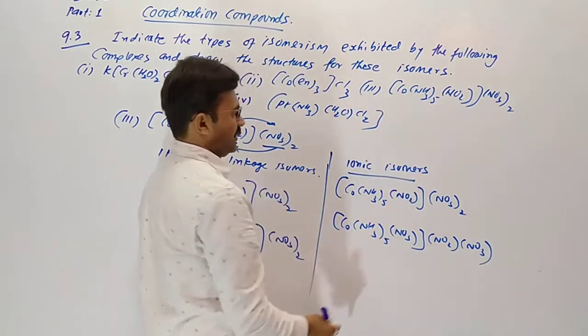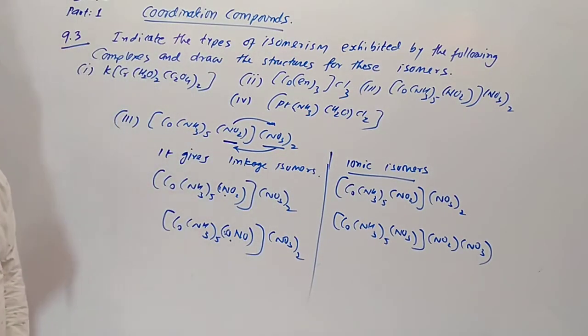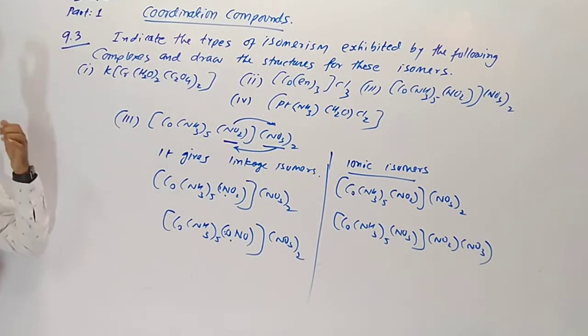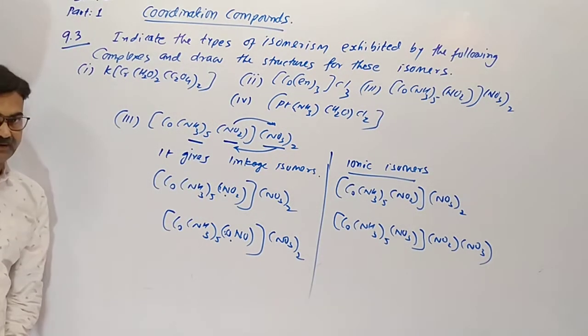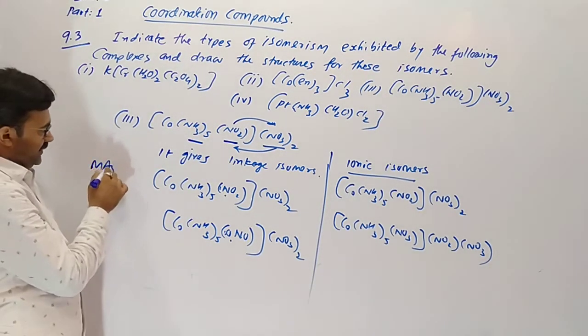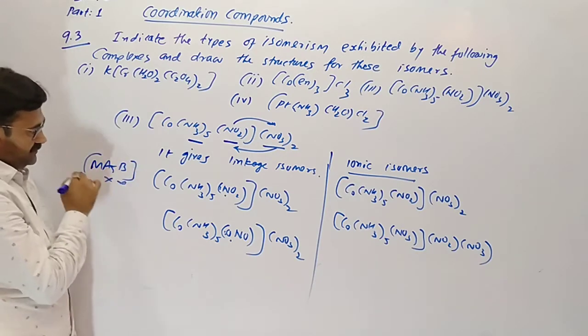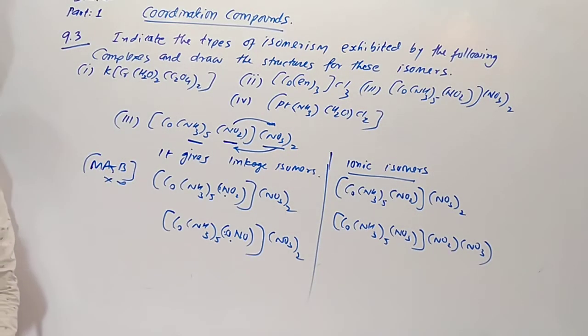So these are the ionic isomers. This compound does not give geometrical isomerism. Why? Its type is A5B, which never gives geometrical isomerism.